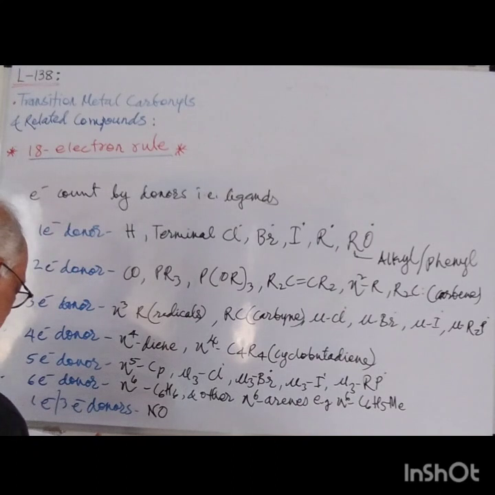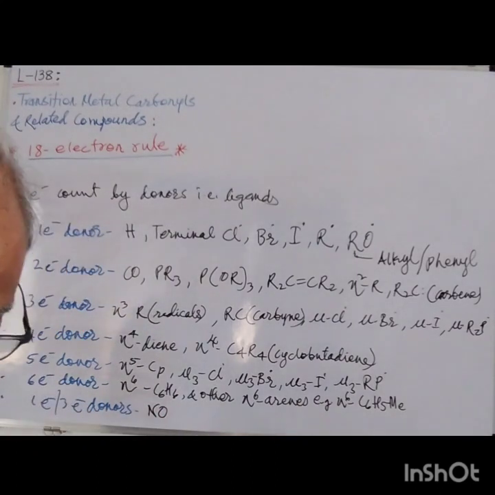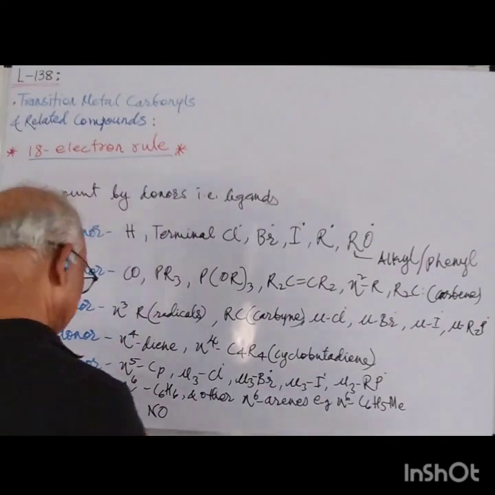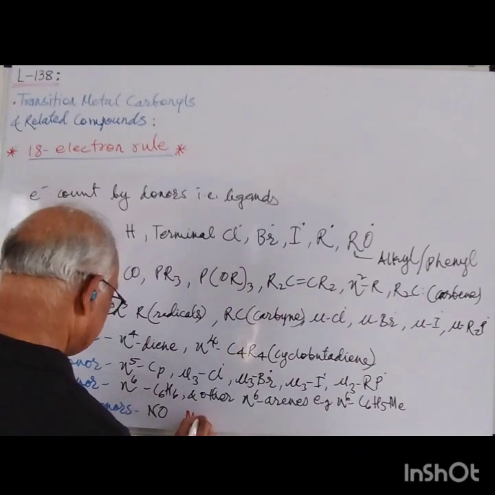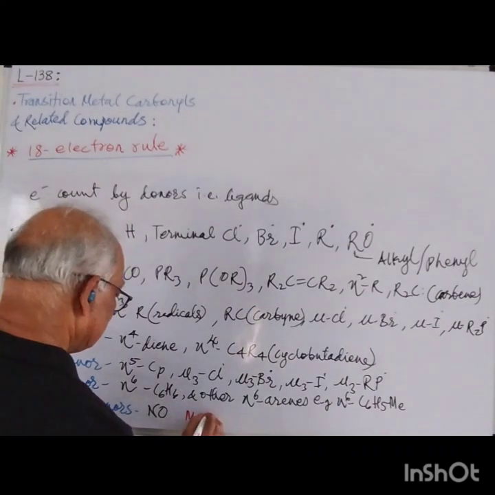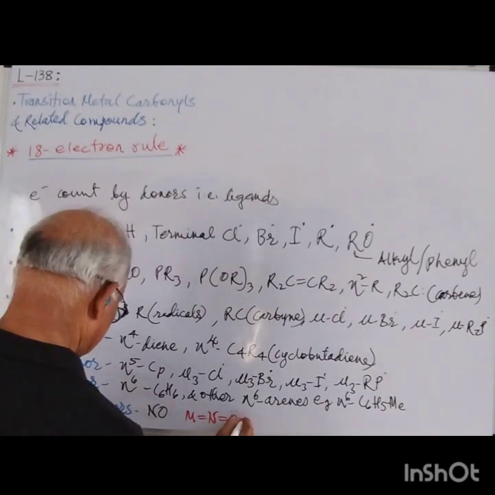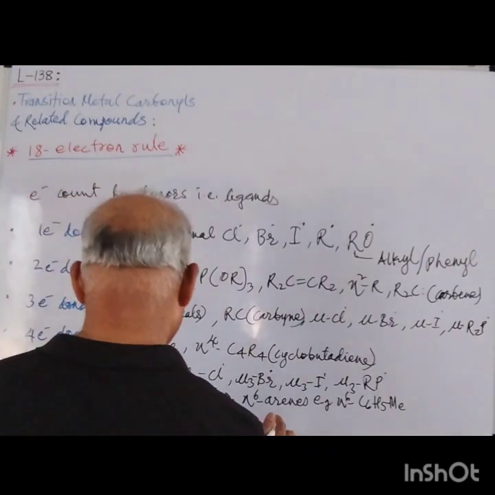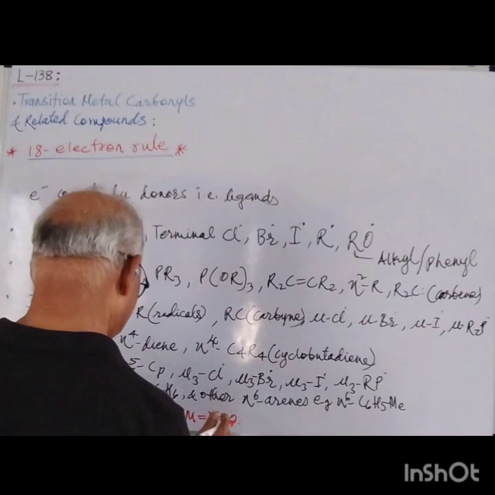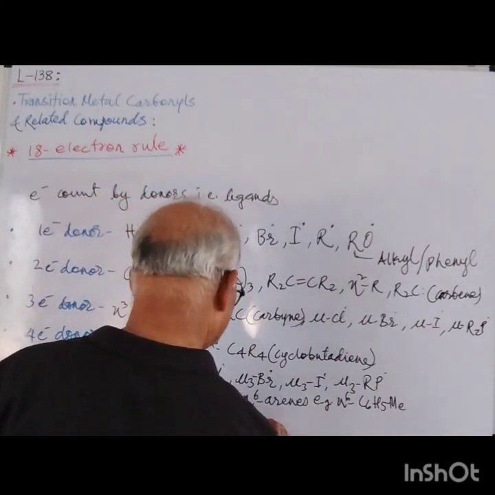In one example, we can have here M double bond N double bond O. So here it contributes 2 electrons, and in another example the contribution is like this.